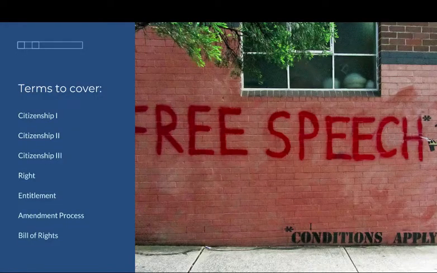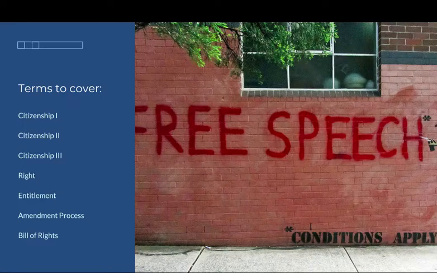So here are all of the terms that you are going to be responsible for knowing. Citizenship, different types of citizenship, entitlement, amendment process, and Bill of Rights. Those are listed in your reader, and you'll be filling those in as we go.